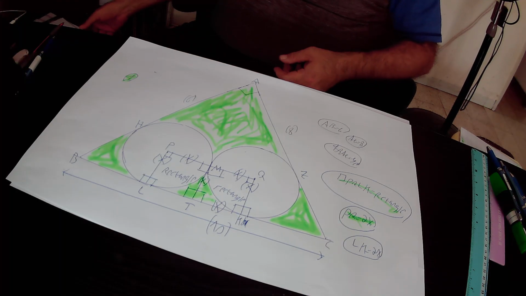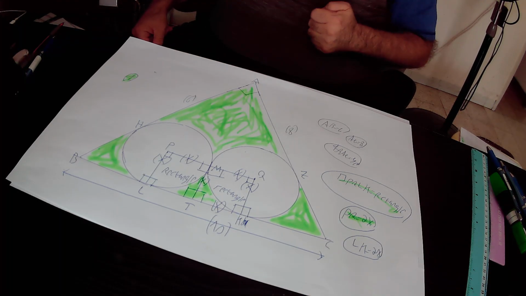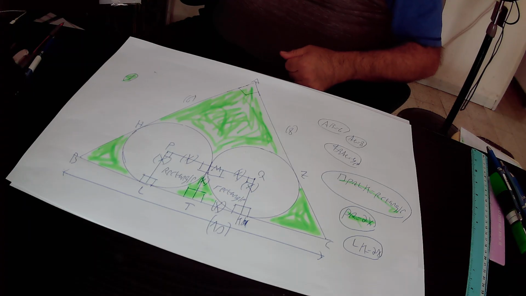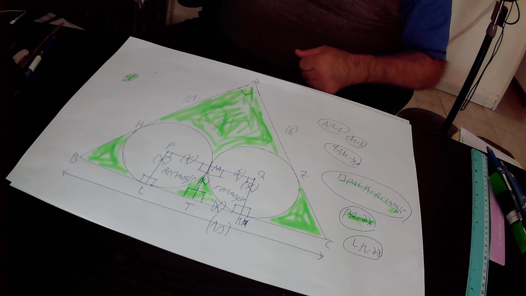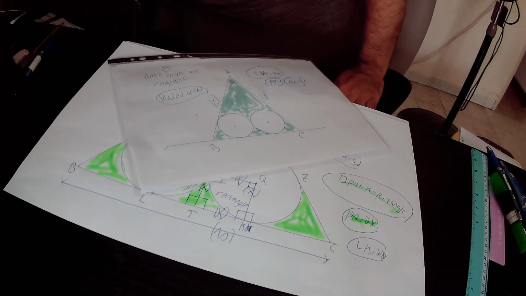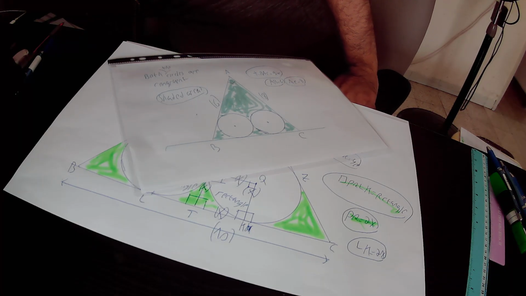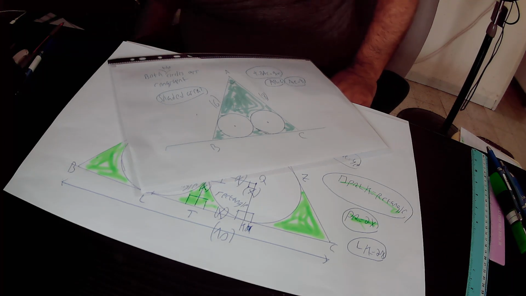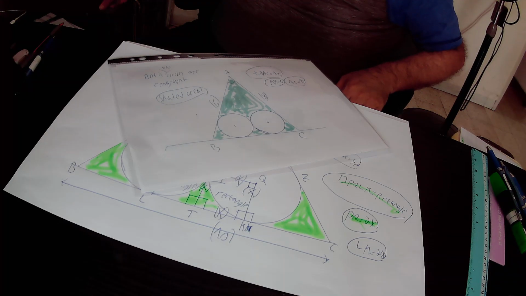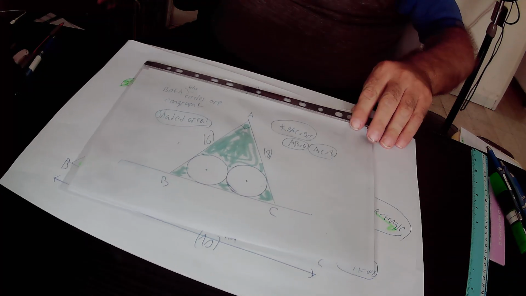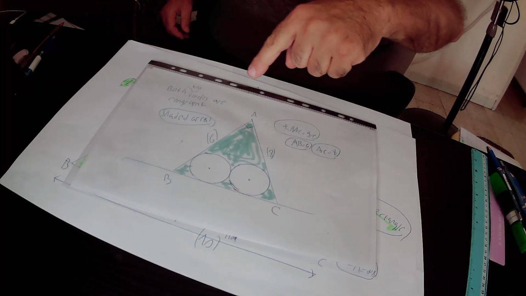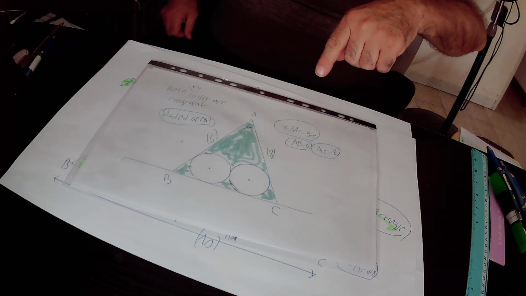In the second question, our task is to find out the area of this given shape. So in the drawing, we have the triangle ABC.